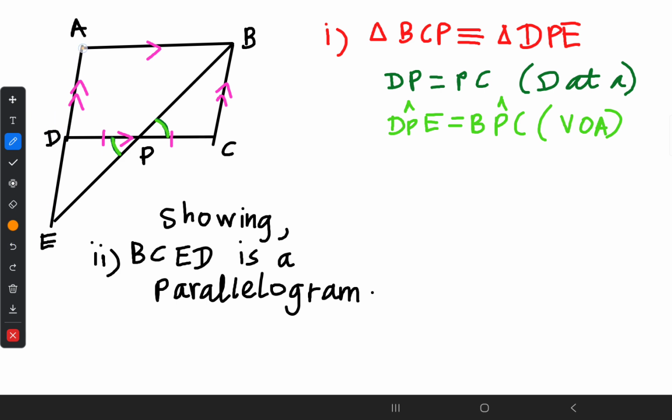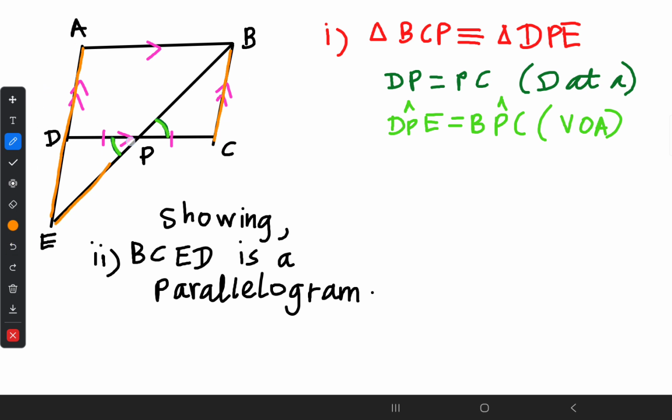That's why this total line can be considered as parallel to this one. What we did was just extend this line a little bit, nothing new. So this whole line is parallel to this one.